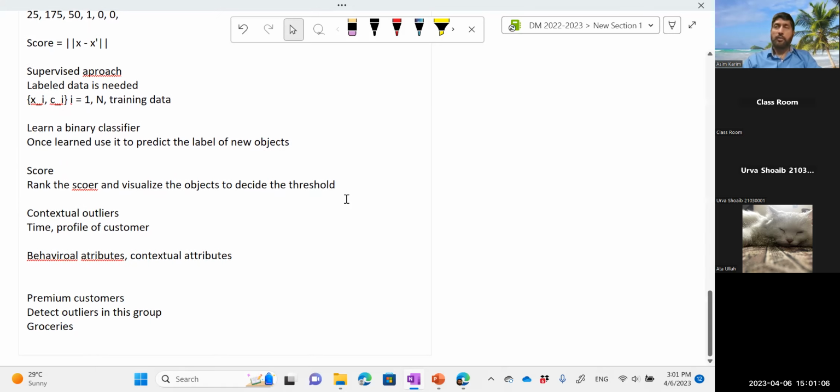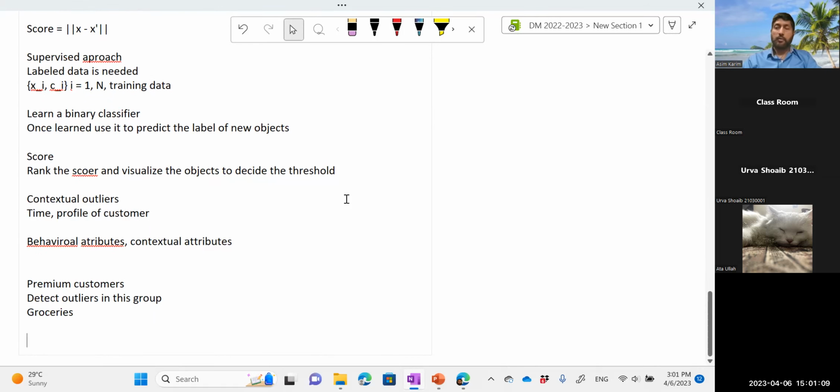But among them you found a few outliers. Someone who buys some other product that you sell, let's say crockery. So someone who buys crockery and belongs to this group would be an outlier according to this setting. Your behavioral attribute was the items bought, and your context was how loyal he was to your company, how frequently he bought, the total volume he bought. Okay, so these types of outliers would be contextual outliers.